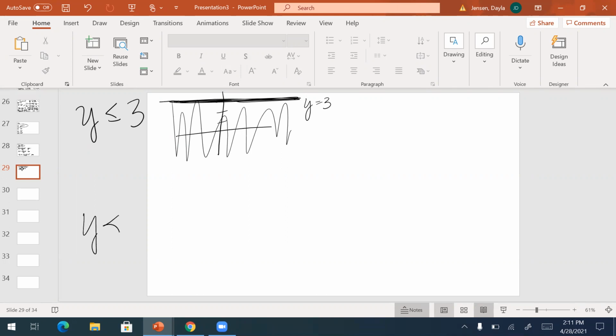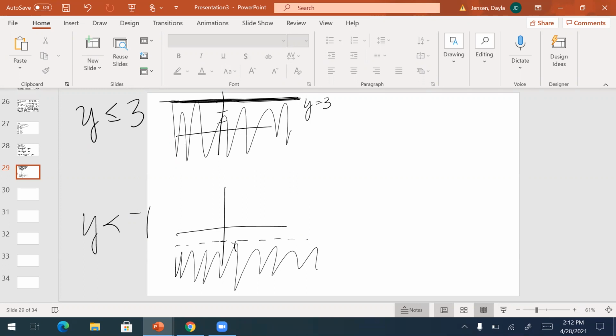Y less than -1. So here's -1. This time, because it's not including -1, it's going to be everything below it except for that line. So it's everything below y equals -1.